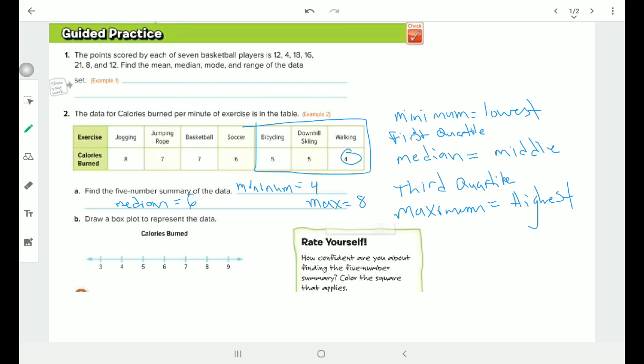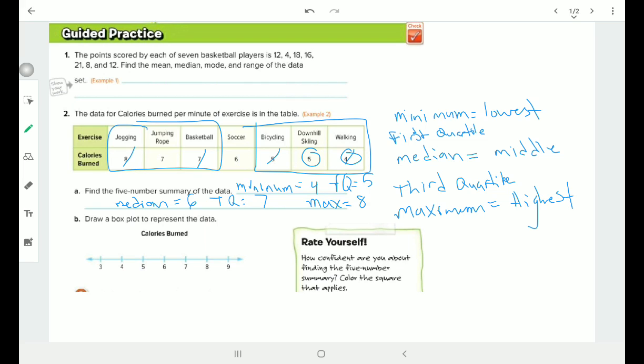If I find the median of that, I cross off here, and I'm left with 5. So my first quartile, I'm going to label that as FQ, is 5. And then my third quartile, I'll label that as TQ. Same thing, we go to the upper half, we don't include the median, and then we cross off, and we're left with 7. Okay, and that's how you would do part A.